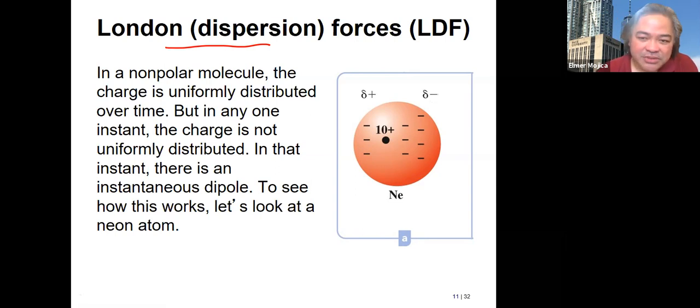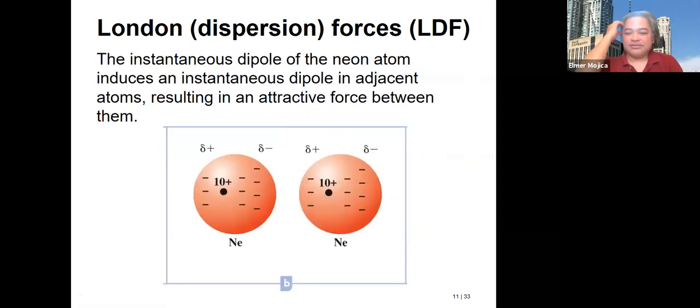What happens if you have a neighbor? The neighboring neon atom will also be instantaneously charged. Just try to look at it in terms of dominoes. You place dominoes side by side, and once one of the dominoes falls, the other dominoes around it will also fall.